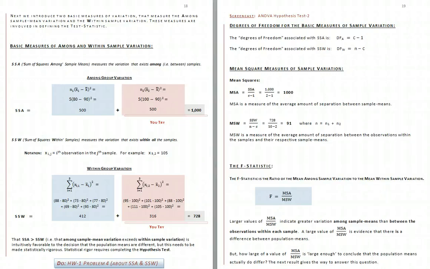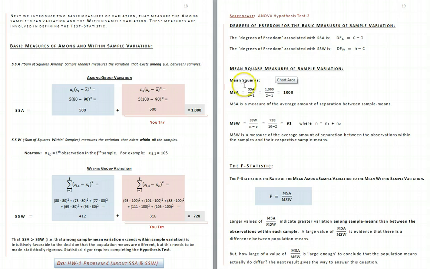We now develop the actual test statistic. We need mean square measures of sample variation. The first is the mean square amongst sample means, MSA.